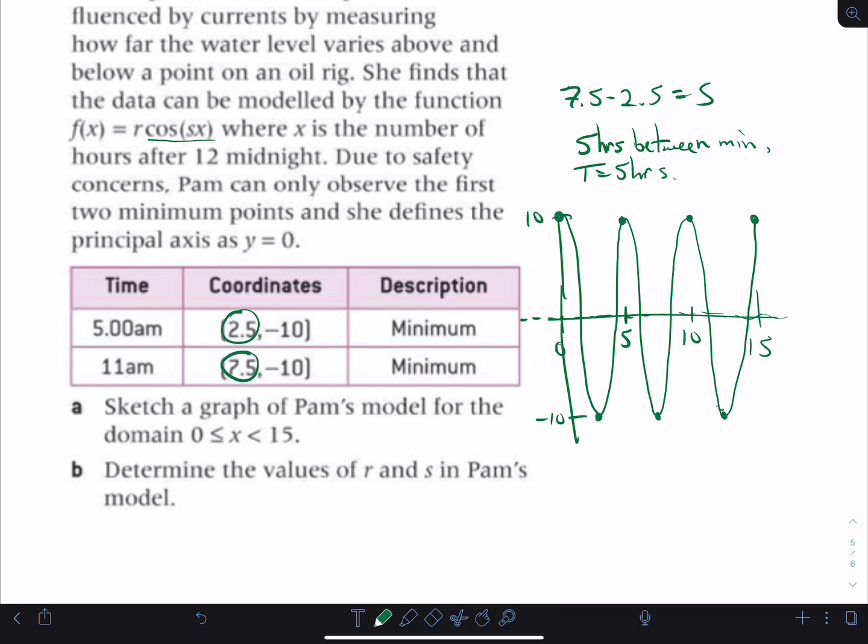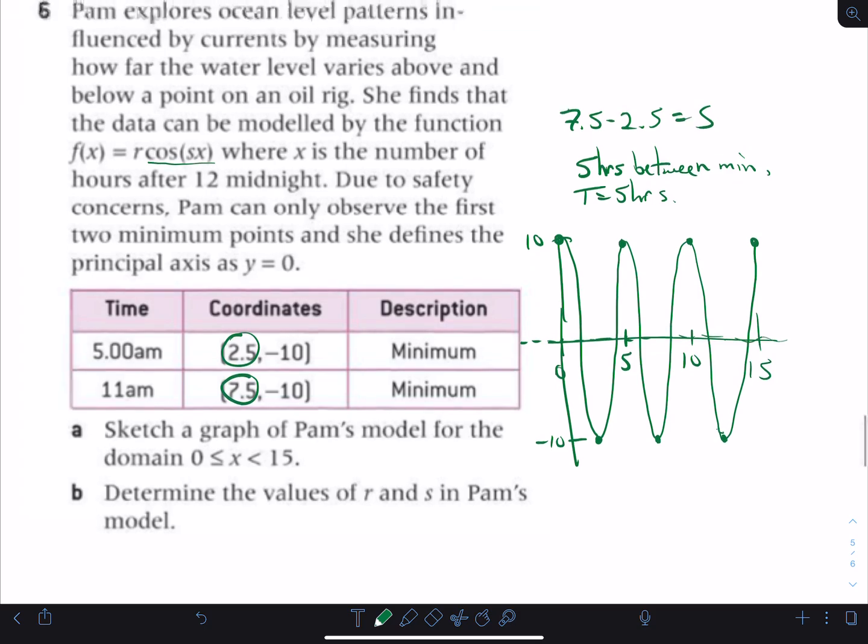Determine the values for R and S in Pam's model. So R is like A, the amplitude. Well, the amplitude is, what I see here is 10. So R equals 10.